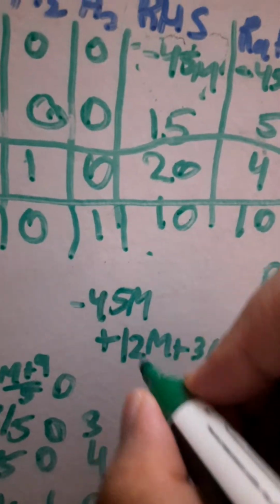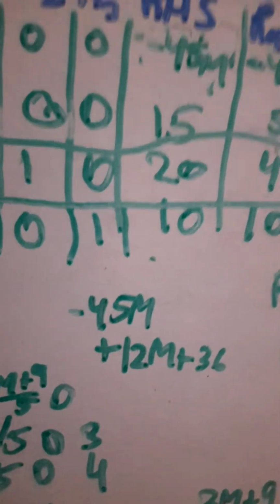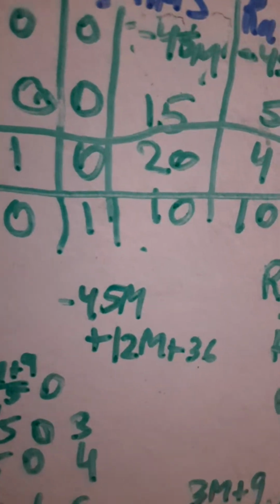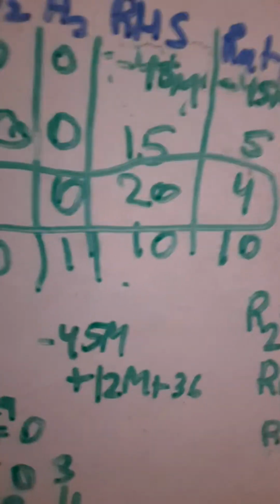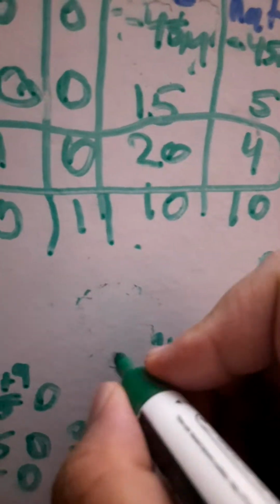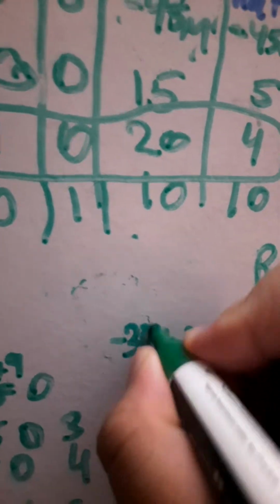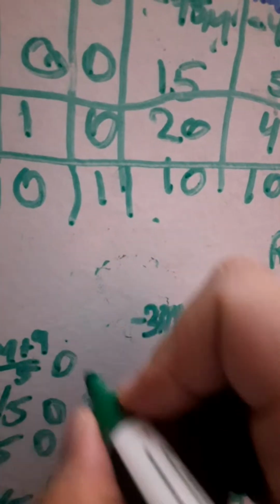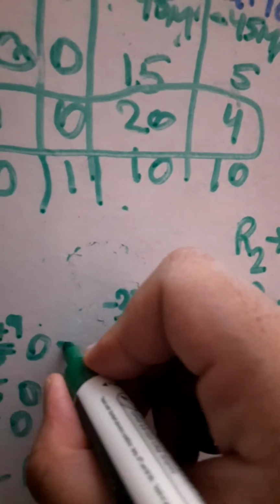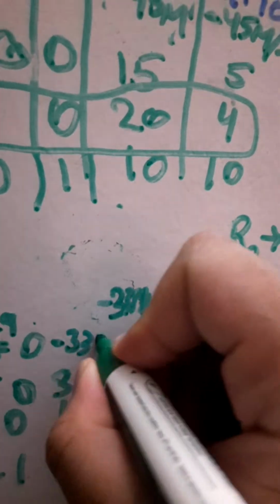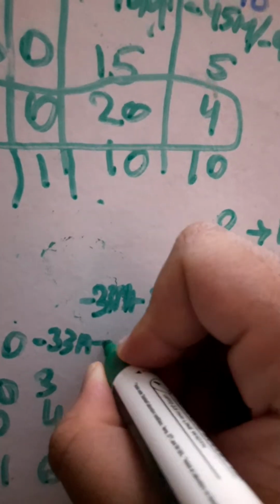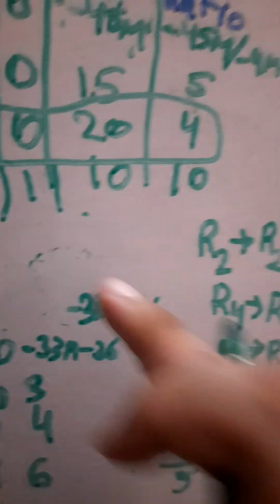So 45m minus 12m, right? So this would be 33m. Okay, this would be minus 33m, right? So this is minus 33m minus 36. Here we go.